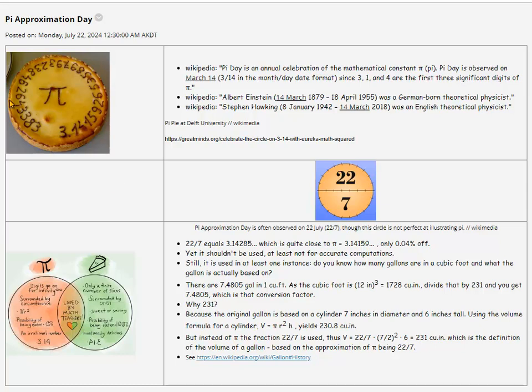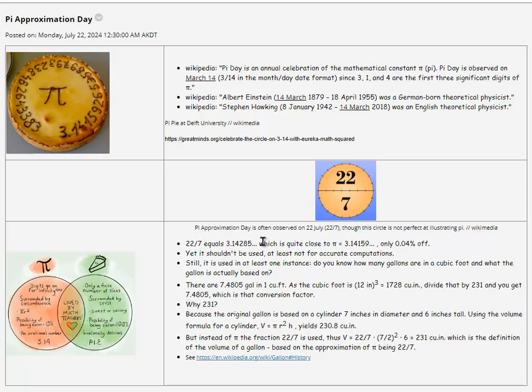Pi, of course, is the circumference of a circle compared to its diameter. So divide the circumference by the diameter, and you come up with pi, 3.1415, and so on. Respectively, the approximation for it is 22/7, and in calculations, that might just work easier, and it has been used for a long, long time.